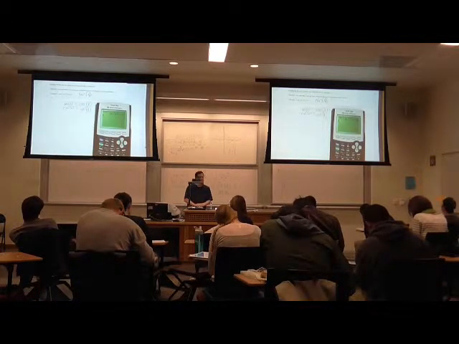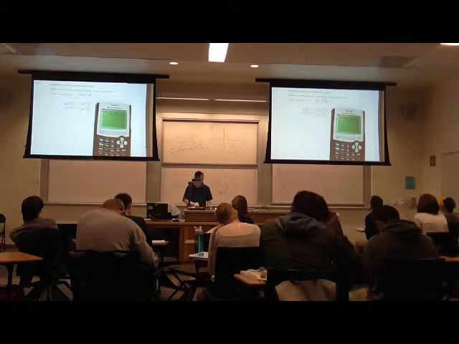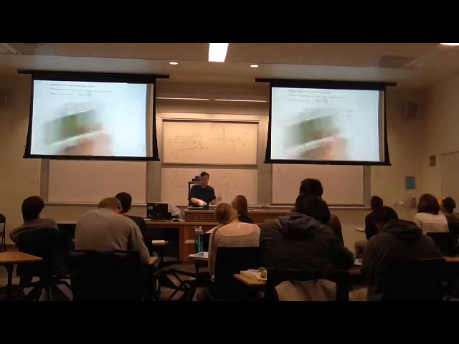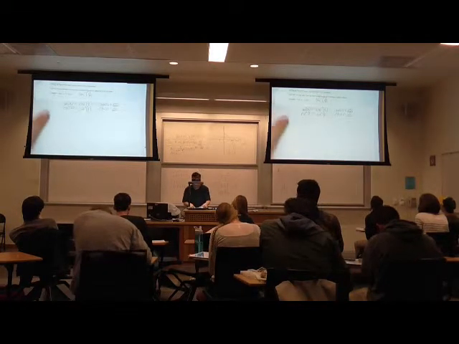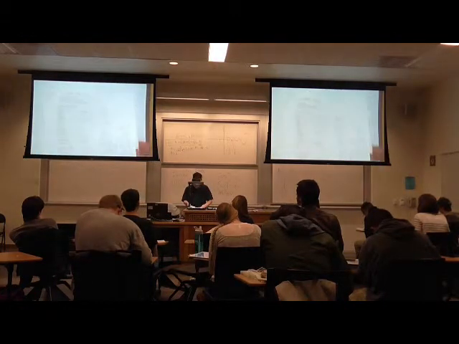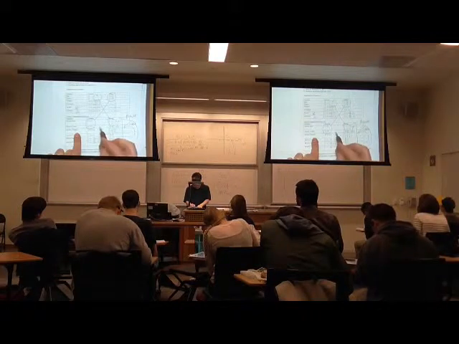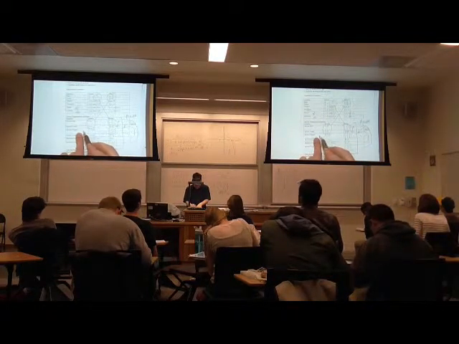Anyone know why we got negative 14? I mean, why did we get a negative number? Let me go back a few steps. What is the range of the inverse tangent?